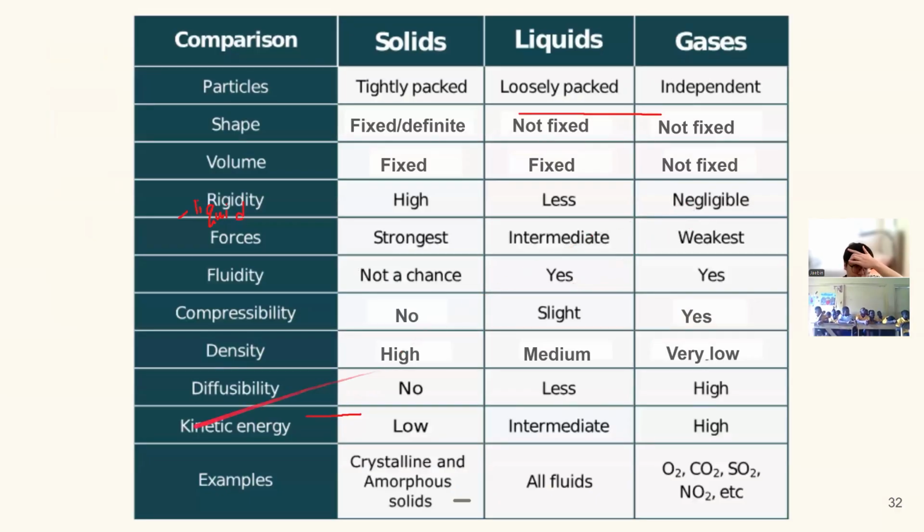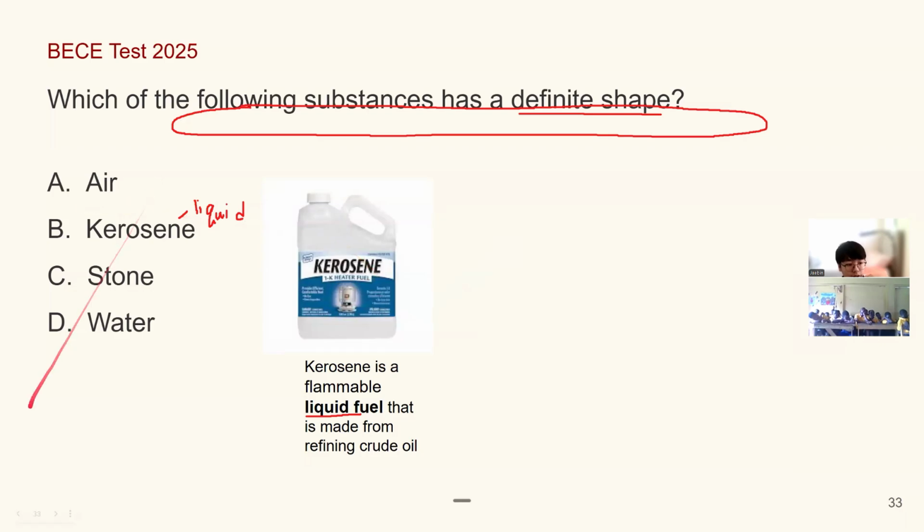So air is a gas. If we look at shapes, the air is not fixed, right? So A is not the answer. Air is not fixed. It doesn't have a fixed shape. What about kerosene, which is a liquid?